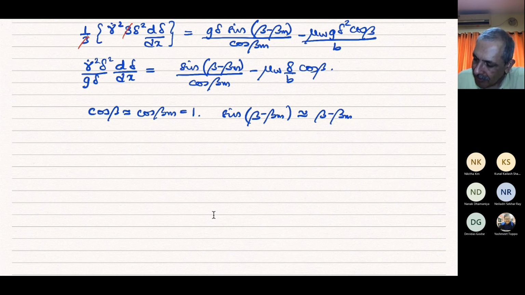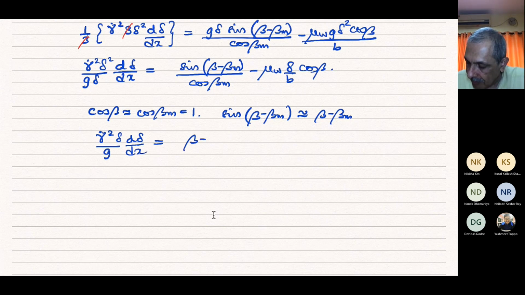So then what you will get, if we simplify things out a little bit, is gamma dot squared delta by g into d delta by dx is just equal to beta minus beta m minus mu w into delta by b.